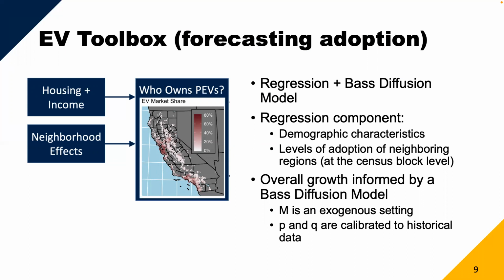So they look at all of the blocks adjacent to where electric vehicles are owned. And then the overall growth curve in any individual area is determined by this Bass diffusion model, right? So this is that S-shaped diffusion curve. So by combining these two things together, they're employing these techniques to develop this first half of the model.